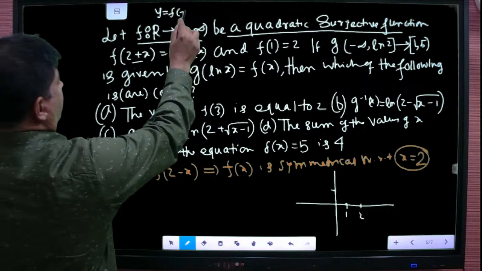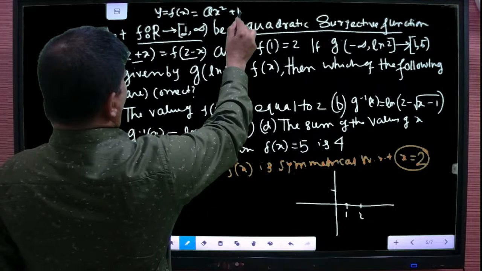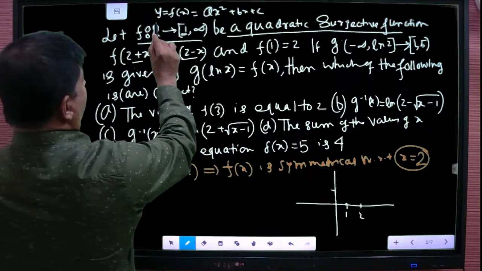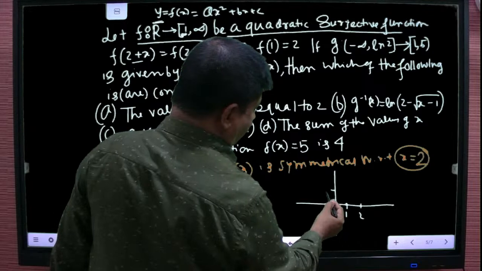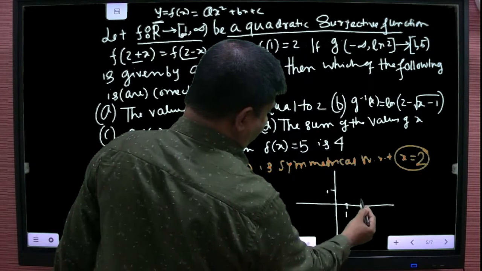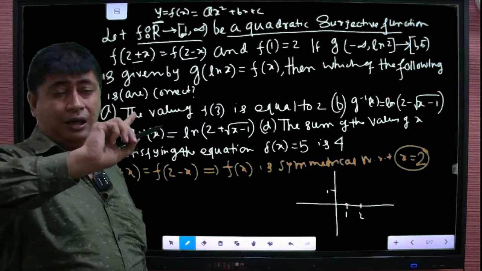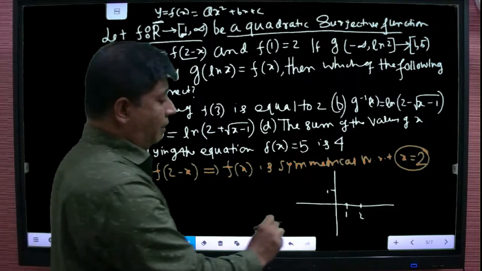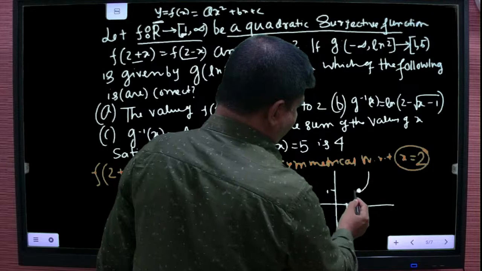What is the minimum value? See, it is quadratic, means y equal to f(x) is of this type, ax square plus bx plus c. The minimum value of y is 1, so the point at which the curve turns is (2, 1); at this point the curve is turning.